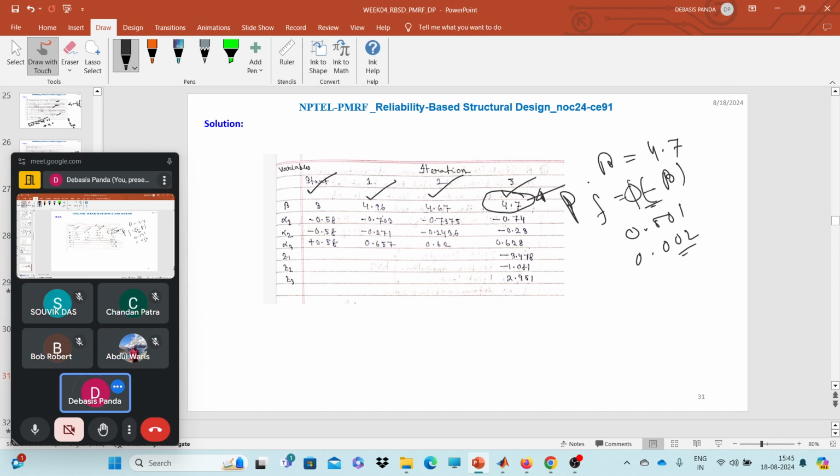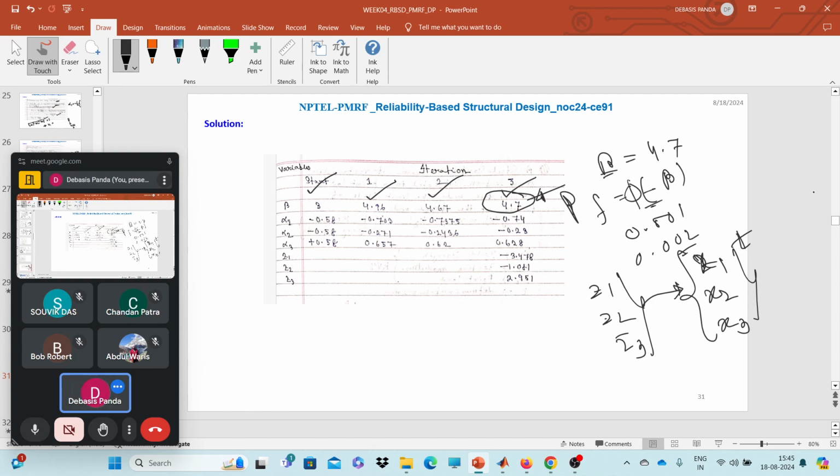And once you have beta, you can find z1, z2, and z3, and correspondingly convert them to x1, x2, x3. That means you will get the design points in the actual domain, or actual space, we can say.